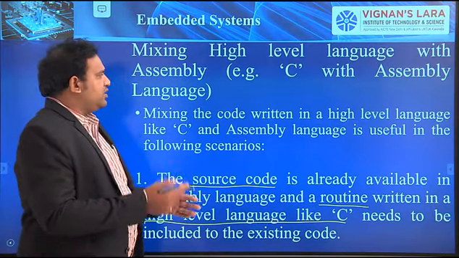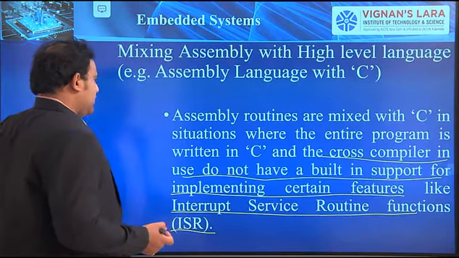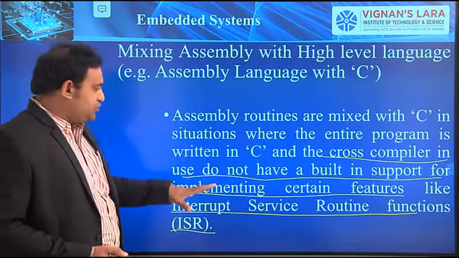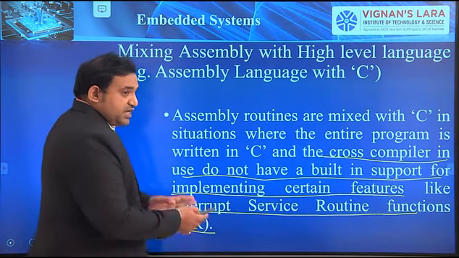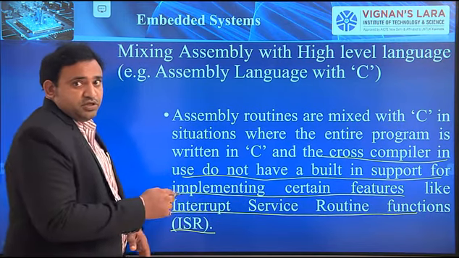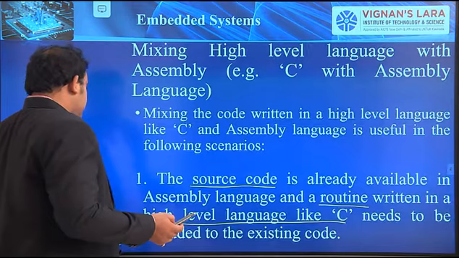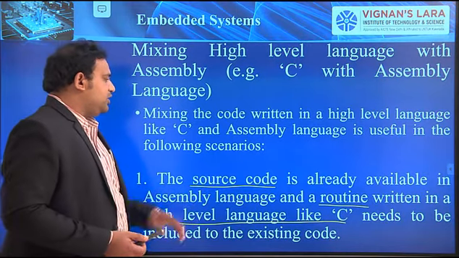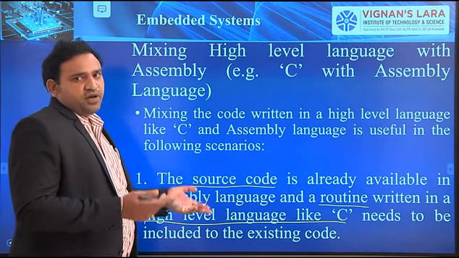A routine is nothing but a program which goes to some respective address, runs some task and comes back to the same position. Here we have already discussed it: the cross compiler has some issues implementing certain features like interrupt service routines. Here also the same issue. In order to run the routine, we are just including some assembly level language code.